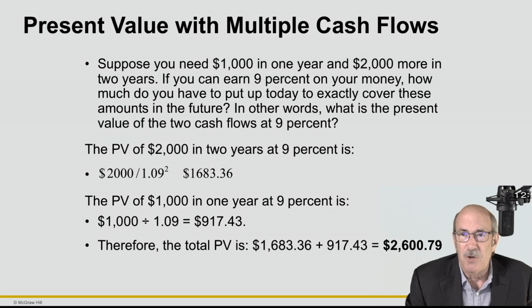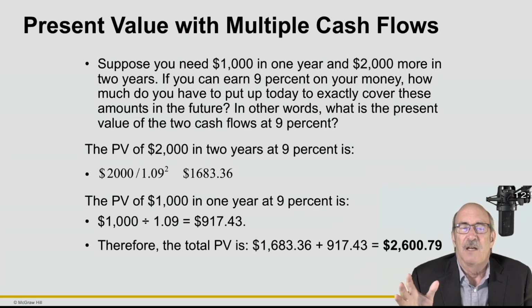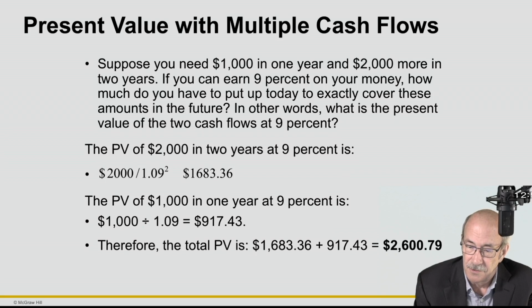Now, suppose that we're going to be looking at present value. Suppose that we need $1,000 in 1 year, and then we need an additional $2,000 in 2 years. So again, timelines, very important. Here's time 0, here's time 1, here's time 2.